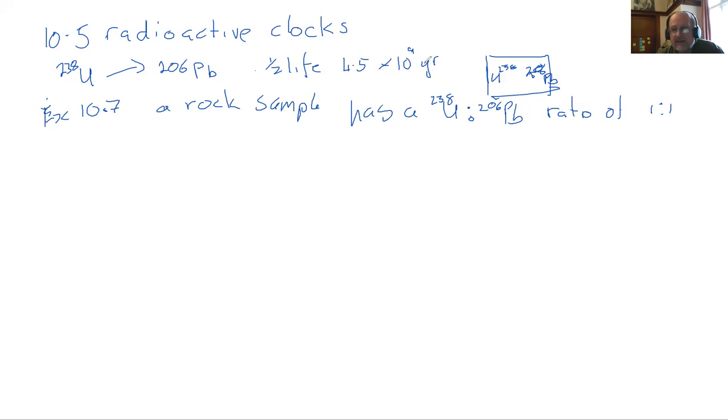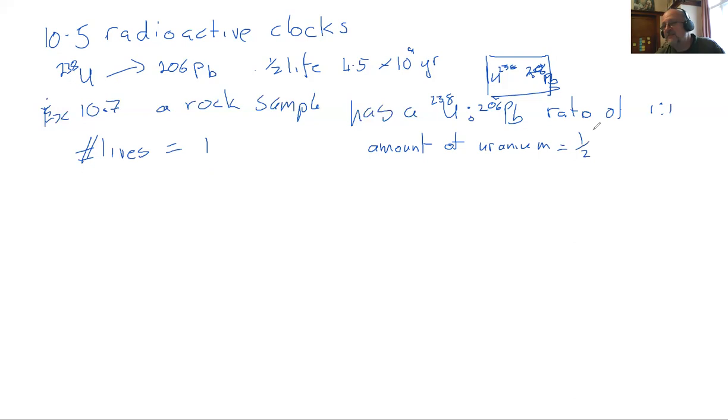Well, we can tell from this that the number of half-lives is going to equal 1, because the amount of uranium equals half. And what we're talking about is the lifetime to do half.